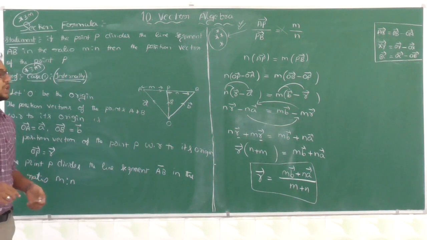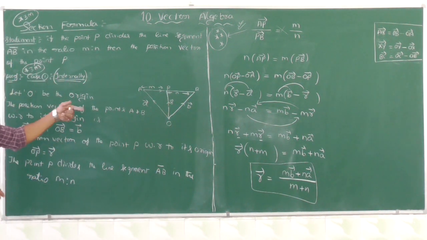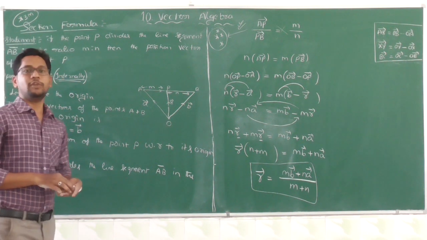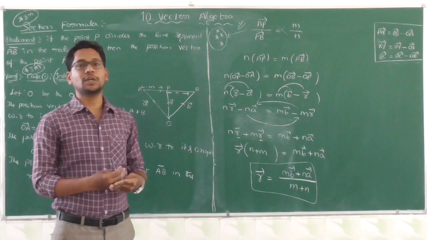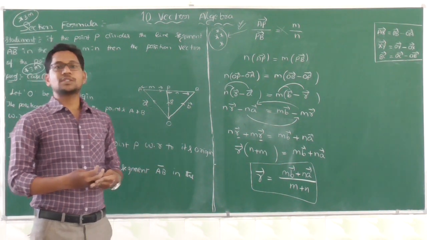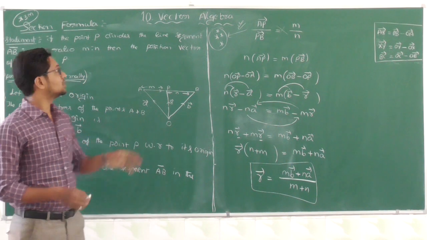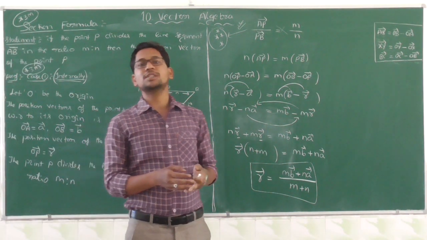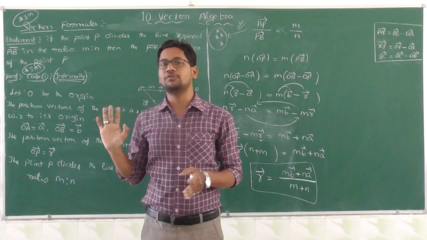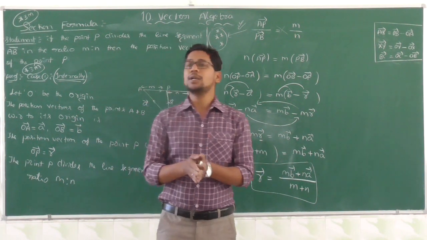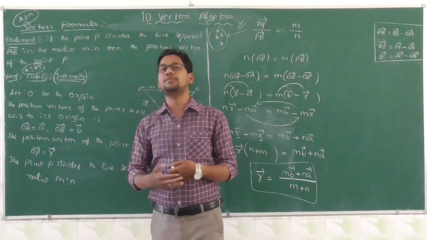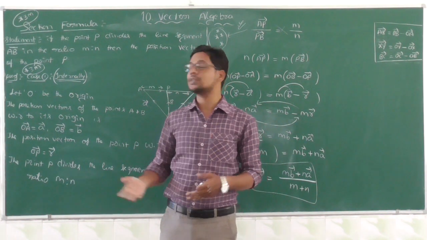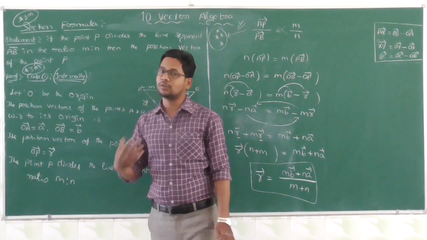Next, one more case we have, that is the external case. Here we have the internal case. In the next case we will prove the external case. For your examination, they won't ask like state and prove the section formula internally. They will ask the statement itself. How are they going to ask?